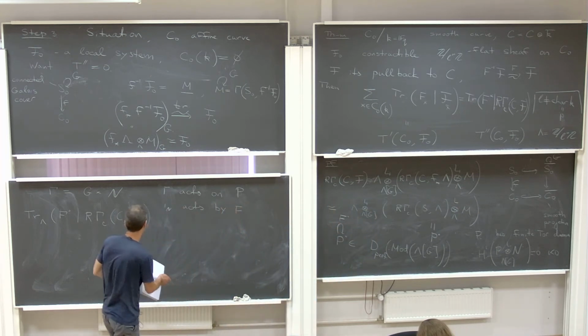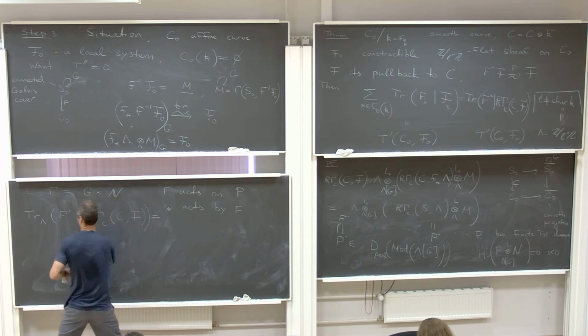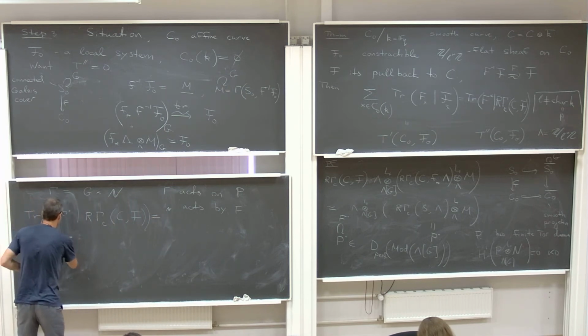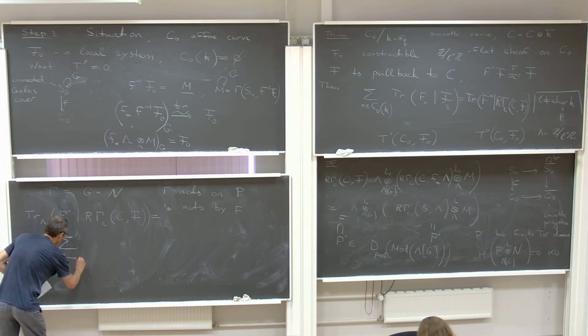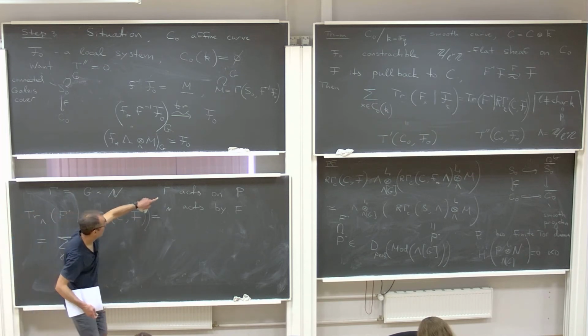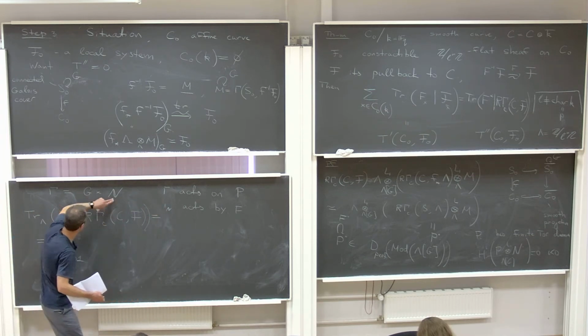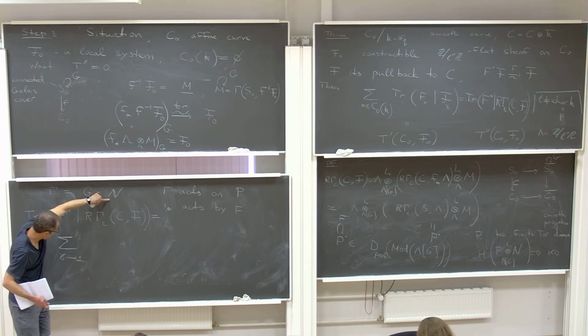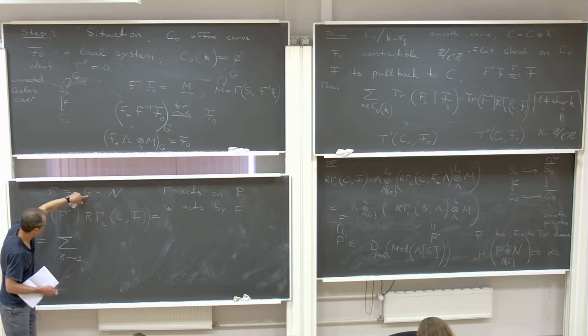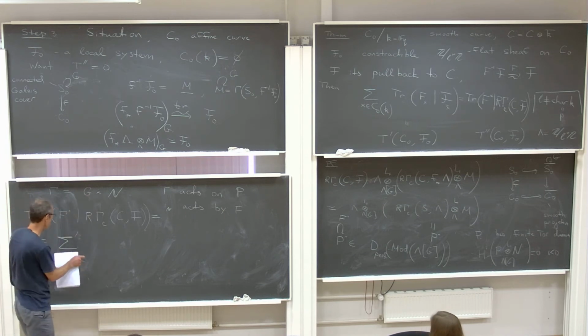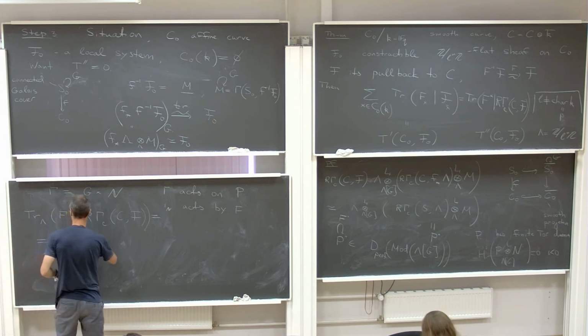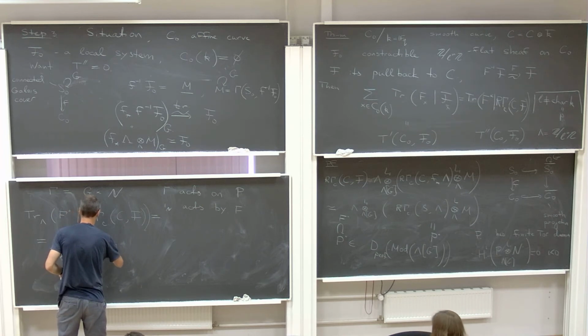So therefore, it's equal to the sum over all gamma mapping to 1. So all elements in here whose second coordinate is 1, up to conjugation by elements of G. So this is essentially a sum over the conjugacy classes of G. And you take this funny trace.